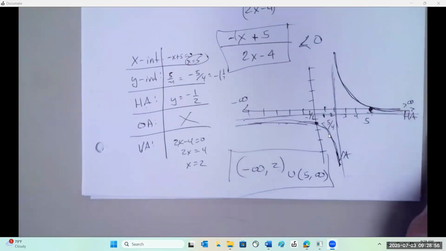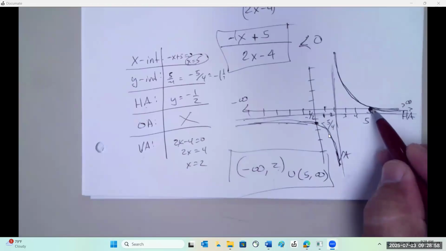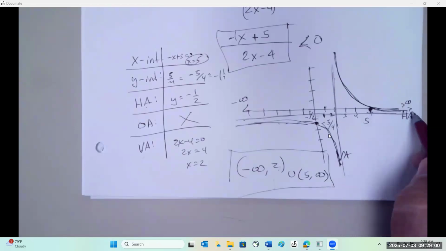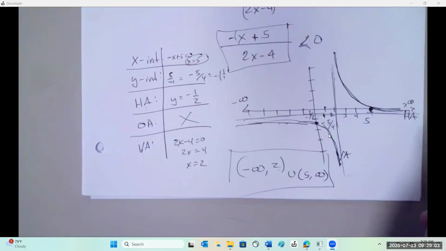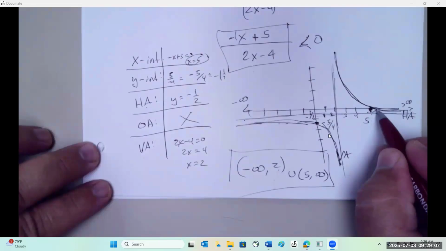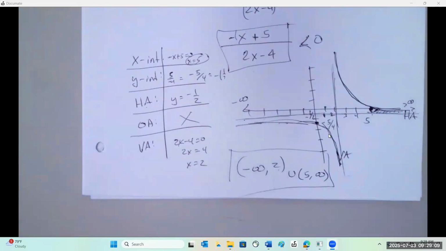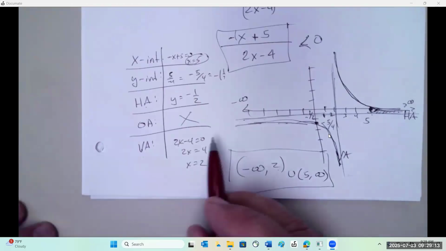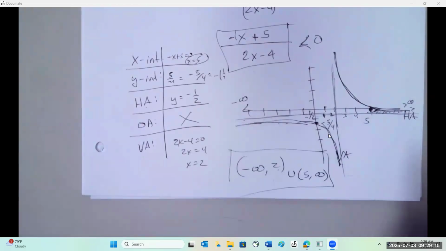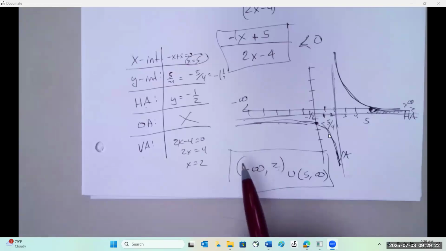So it's approaching that line. It crosses at 5. So from 5 to infinity, it's below the x-axis. So all this here is below the x-axis. Yeah, it makes it difficult because the horizontal asymptote is so close to the x-axis. But that's why the intercepts are important. At the intercepts, it's either to the left or to the right. One of them has to be above the x-axis.